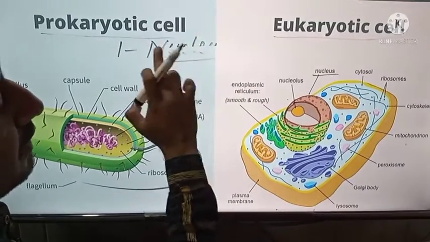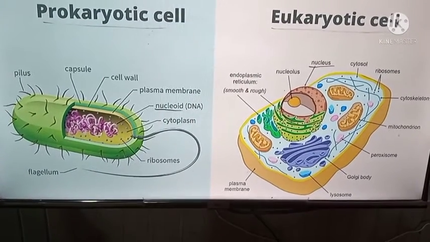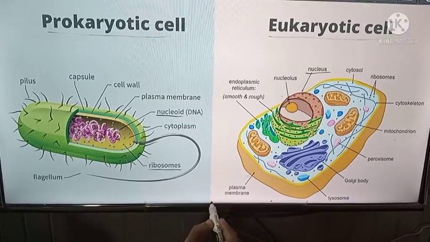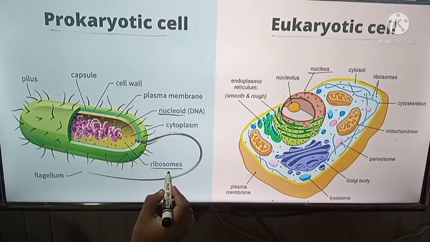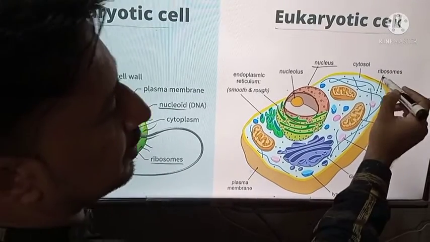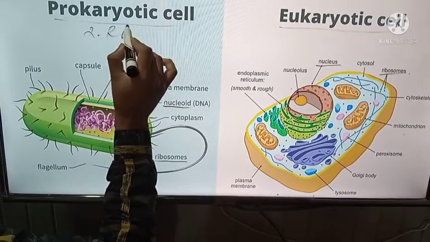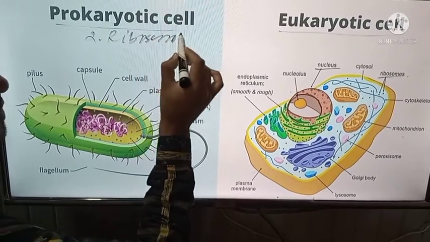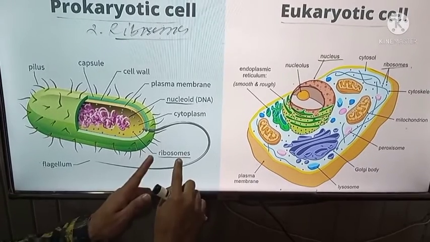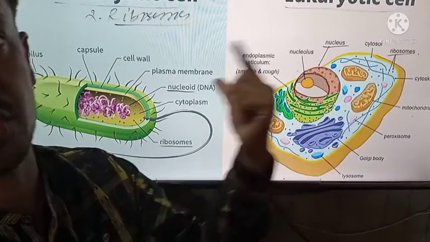Now we will discuss the difference number two, which is the size of ribosomes. Ribosomes are present in prokaryotes as well as in eukaryotes, but there is a lot of difference between the two. The ribosomes of prokaryotes are smaller compared to the ribosomes of eukaryotes.